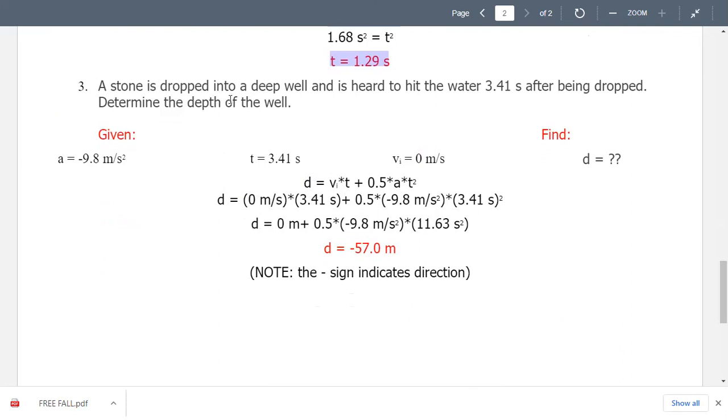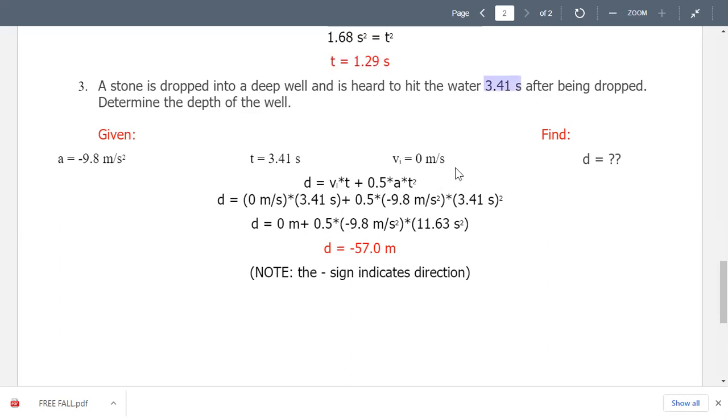For your third example, we have the following. A stone is dropped into a deep well and is heard to hit the water 3.41 seconds after being dropped. Determine the depth of the well. So we are given the following values. The 3.41 seconds here is your time.